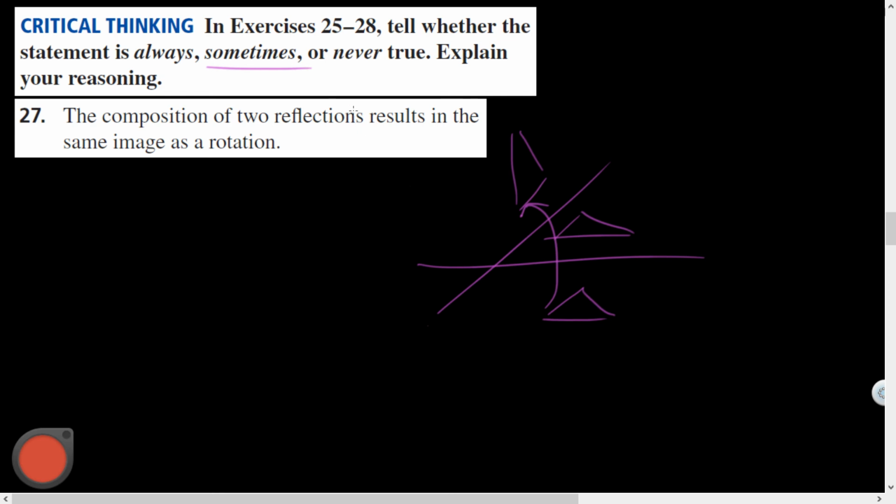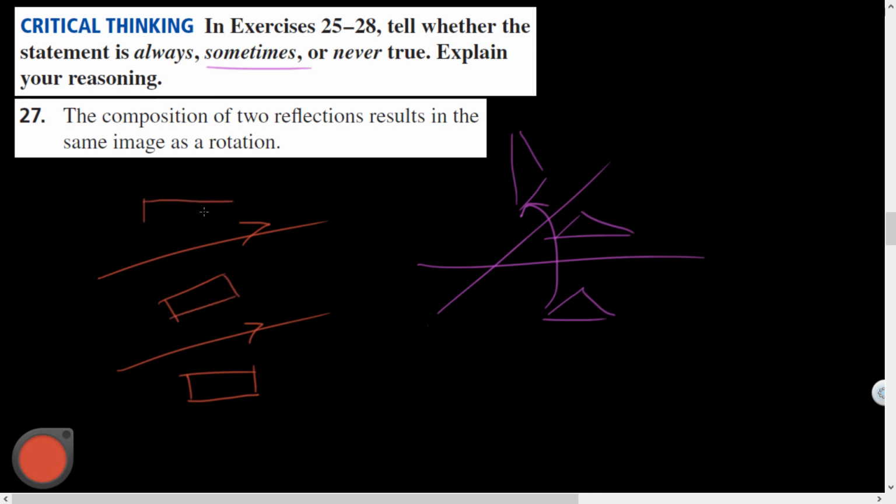I don't think that's the best counterexample. I think the parallel lines case is a better example. Right. Parallel lines. I can't think of a rotation that maps this one to that one. But anyways, thanks for watching, internet friends. The answer was sometimes. Bye-bye.